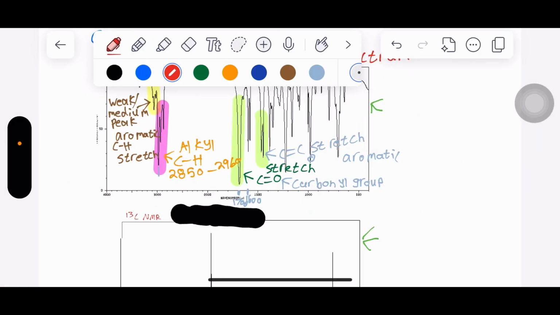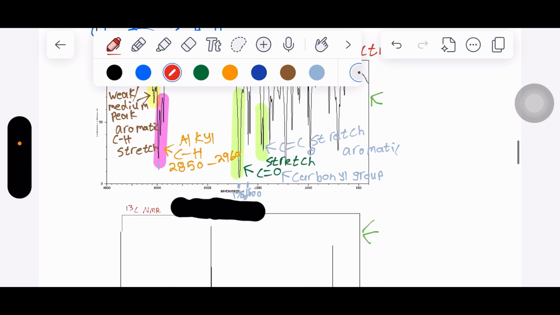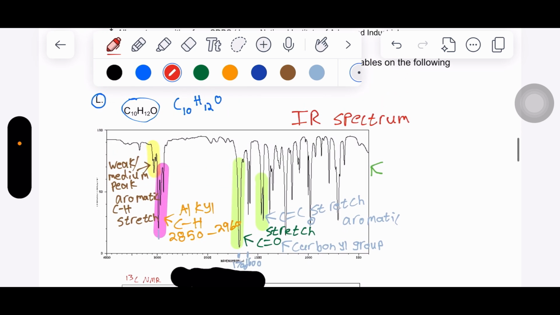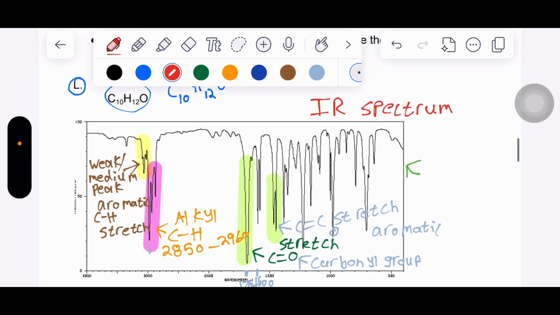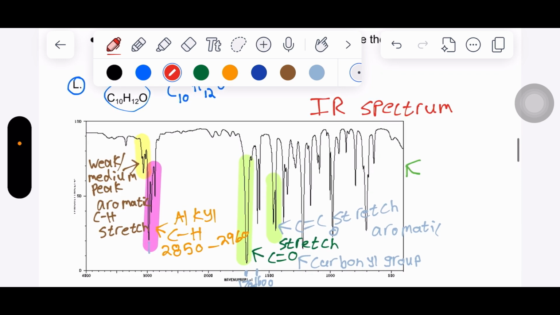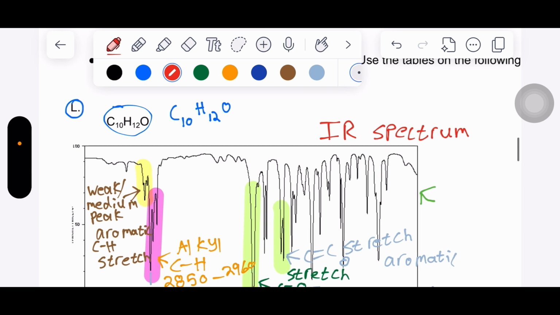And one more thing I want to point out, I also want to apologize for this. The first spectrum that we were looking at is the infrared, which is the best bet to figure out the compound.